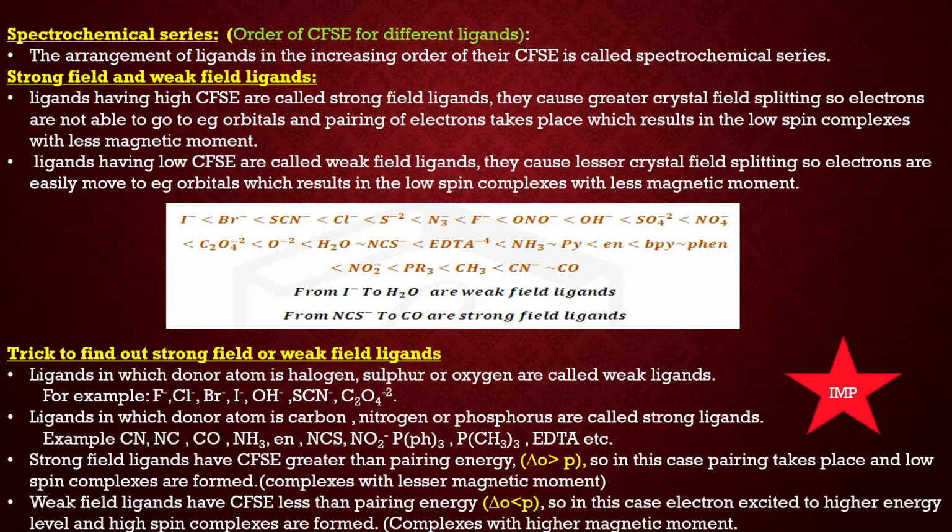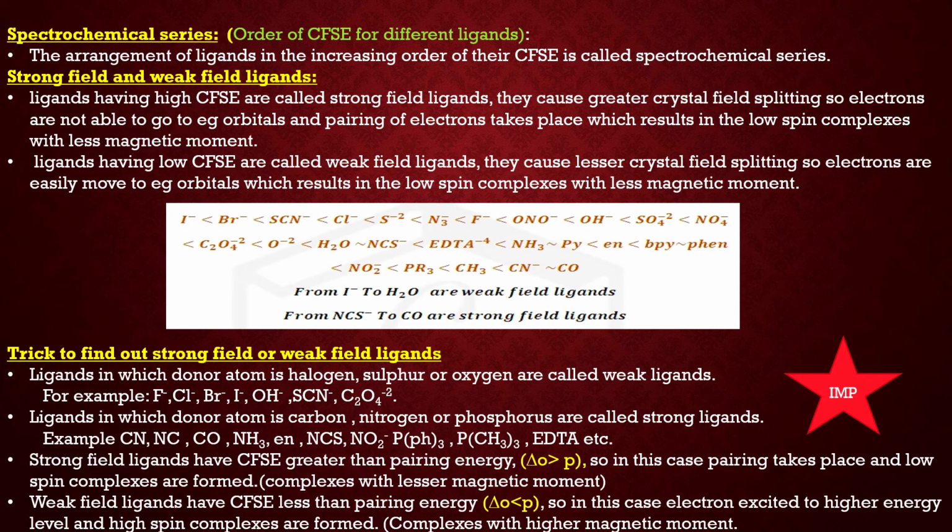Now similarly, the ligands in which the donor atom is carbon or nitrogen or phosphorus are termed as strong ligands. For example, CN minus, here the donor atom is carbon. In NC, the donor atom is nitrogen. In CO, the donor atom is carbon.